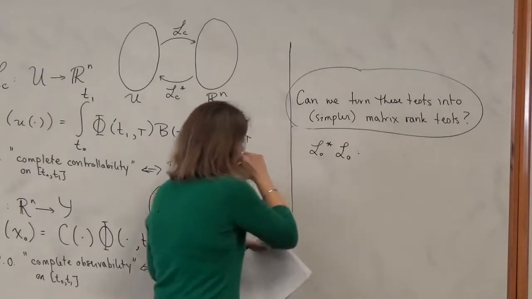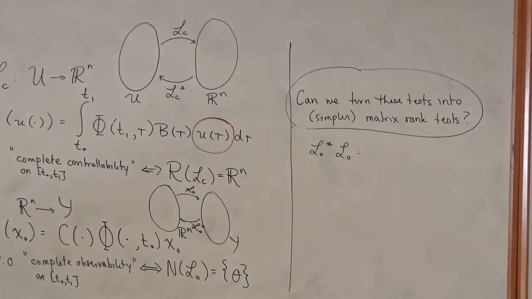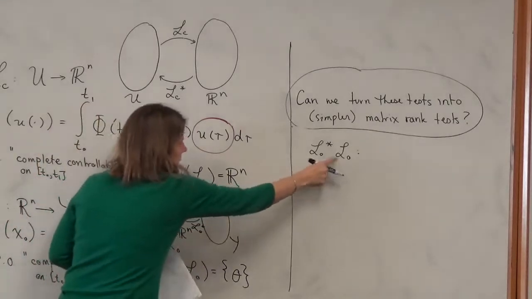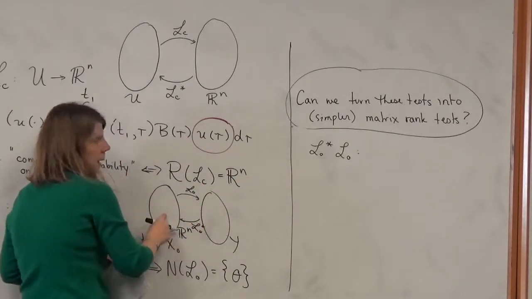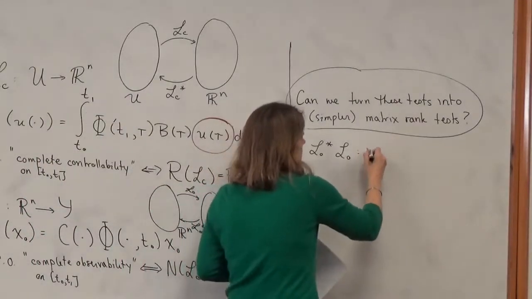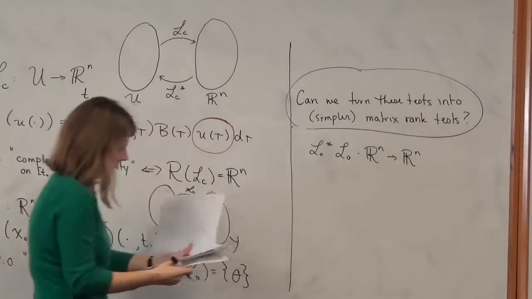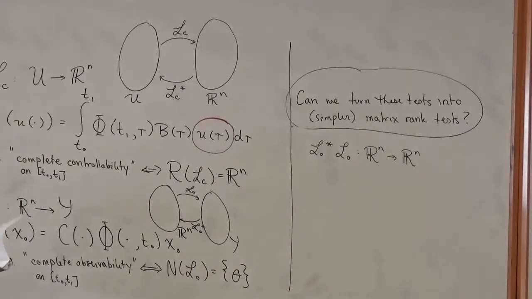First of all, if I first apply LO and then I apply LO star, what's the domain and the codomain of that map? Rn and Rn in both cases, right? Because you're starting off in Rn, first applying LO, and then applying LO star. So it's Rn to Rn. Any linear map between finite dimensional vector spaces can be represented as matrix multiplication. So let's find that specific matrix in terms of LO star and LO.